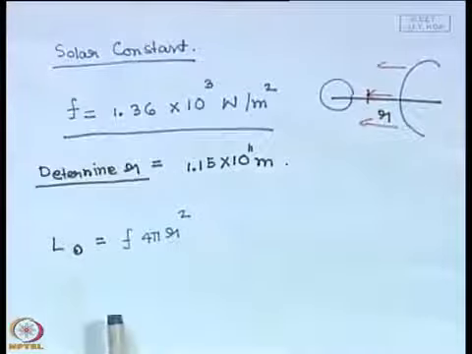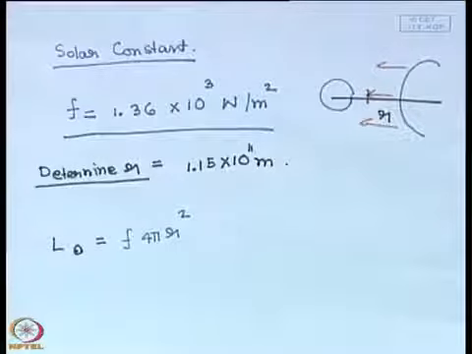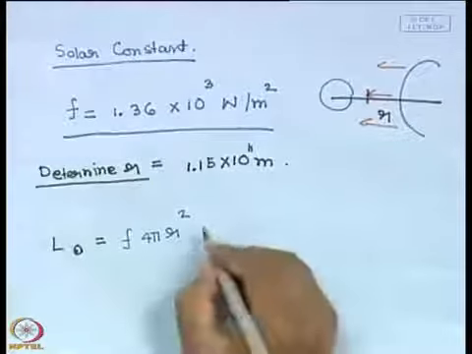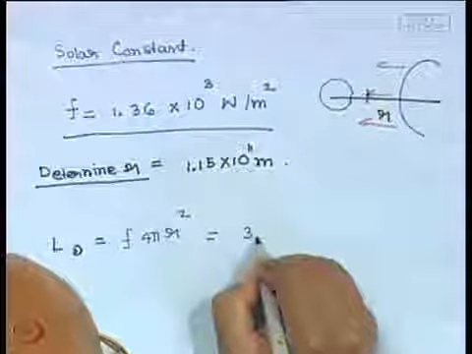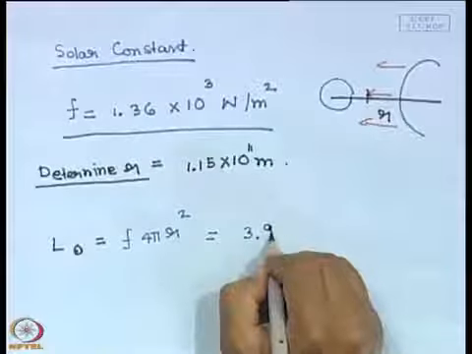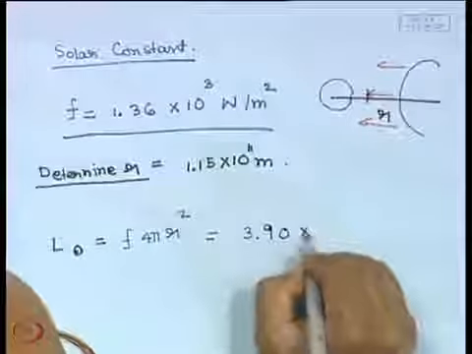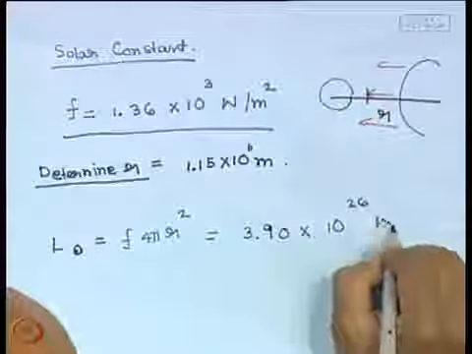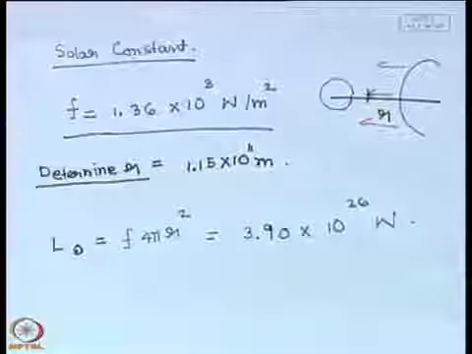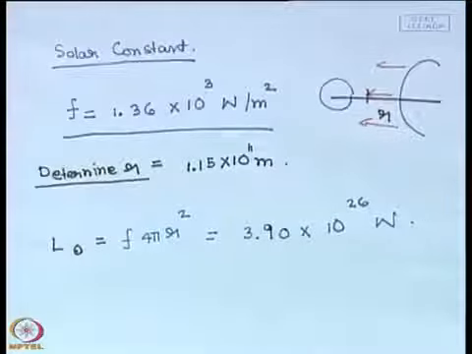This is the solar luminosity, and if you do this exercise, you will find that it is the total energy emitted by the sun in 1 unit second. The sun emits 3.9 10 to the power 26 joules in 1 second.